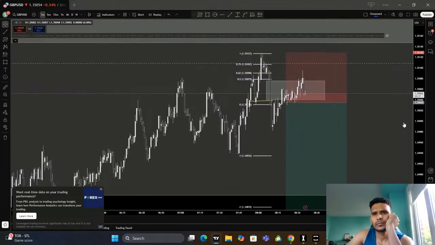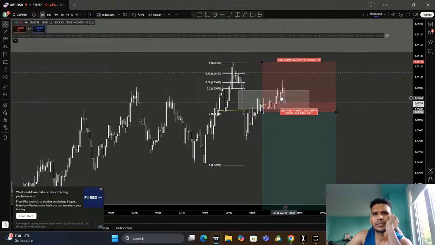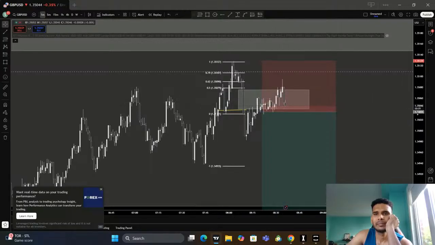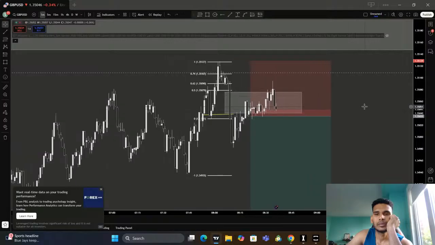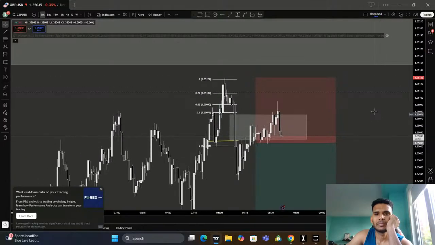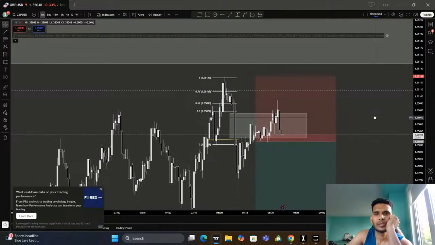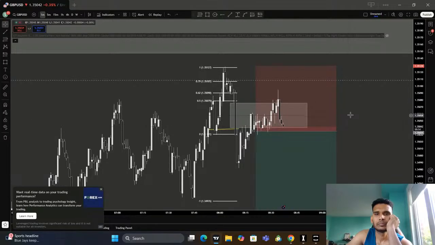So hereafter, once it formed this fair value gap, I can move my stop from this point to this point. This is where I expected the price not to come. Not every position, but at least most of the positions I'm going to do that, because it's clearly engineered liquidity, so you can use the structure shift.